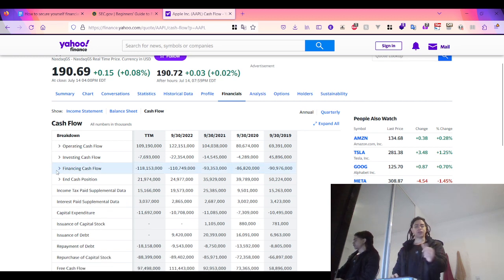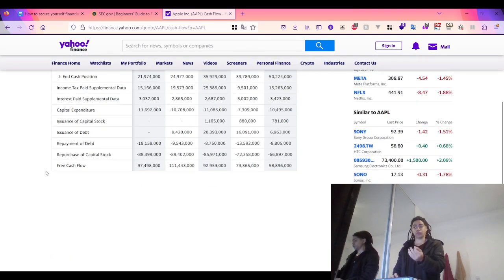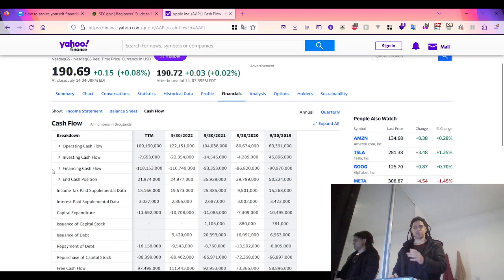So then I look at the footnotes and how important it is to read them, because they are packed with information like significant accounting policies and practices.